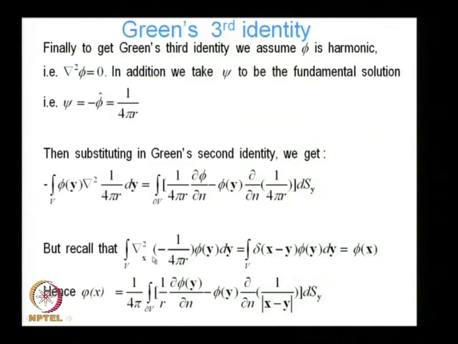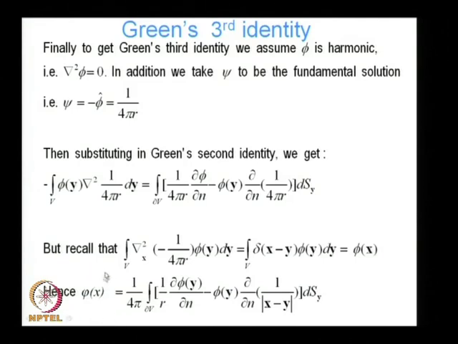But let us recall that Laplacian of minus 1 by 4 pi r, the Laplacian of my fundamental solution, is nothing but my Dirac delta function. So, I have delta x minus y phi y, and that is going to give me phi of x. So, what do I have?